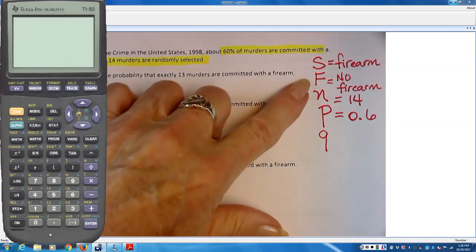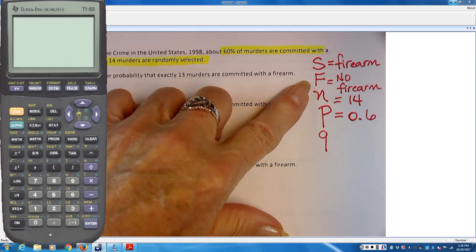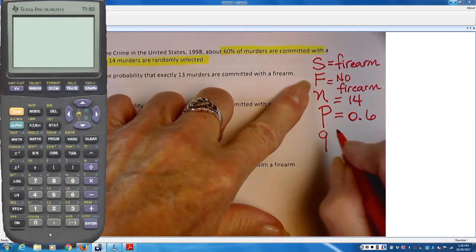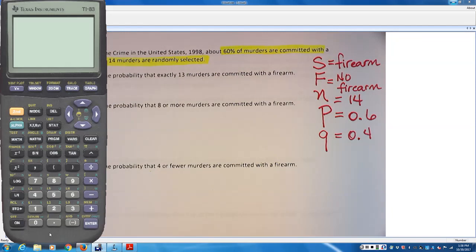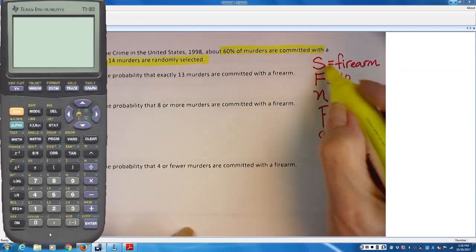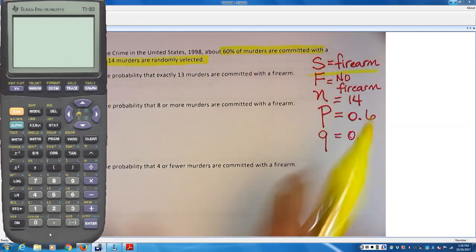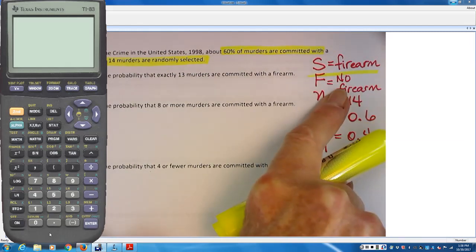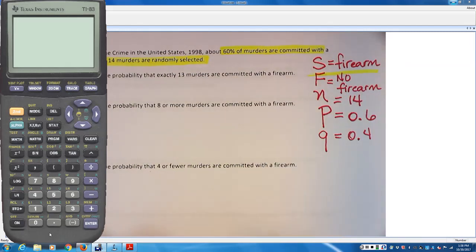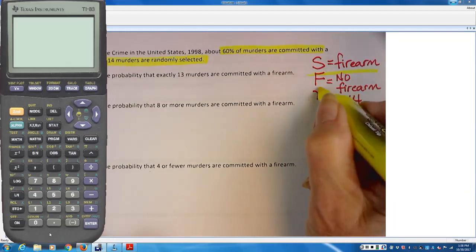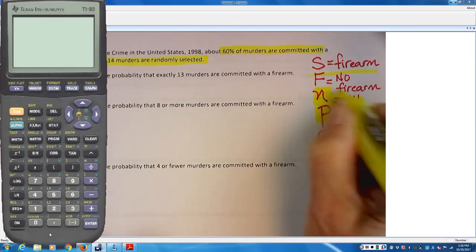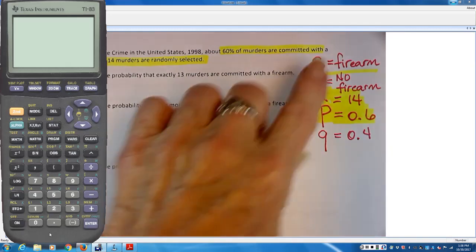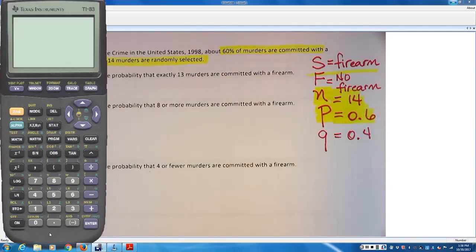What's the probability they weren't committed with a firearm? 0.4. Now, I want you to understand up front, you really only need to know what this is, because if you know what that is, you've got to know what that is. But to do the problem, all you need to know is this and this. But you should be able to identify all of those.